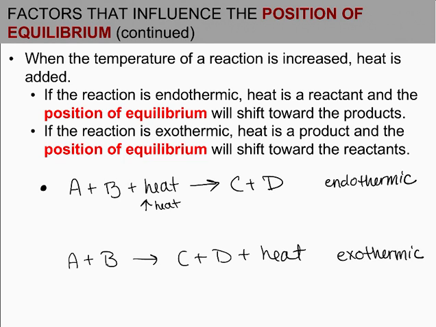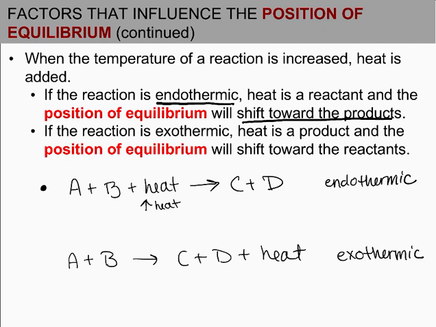And remember, if we increase the amount of reactants, then equilibrium will shift to the right towards products. So if we increase the heat for an endothermic reaction, then the position of equilibrium will shift toward the products.